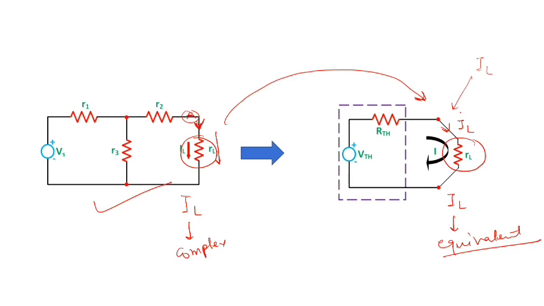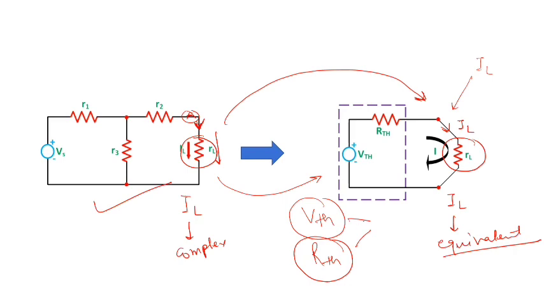But before replacing this complex network with a simpler Thevenin's network, we need to find out two more values, which are the value of your Thevenin's voltage and the value of your Thevenin's resistance. After calculation of these two values, you will be able to find out how much current is flowing in this equivalent circuit.